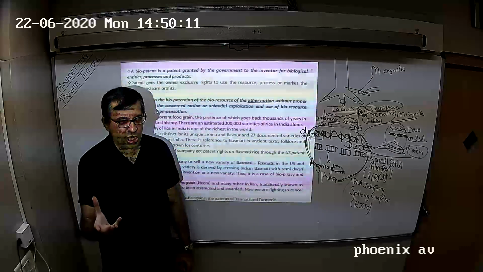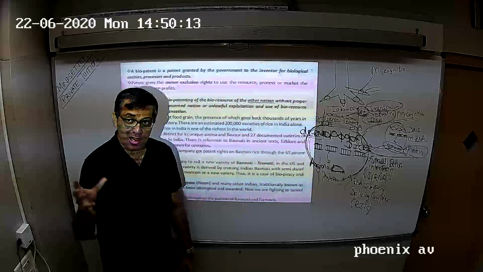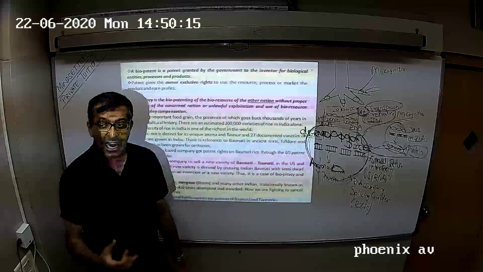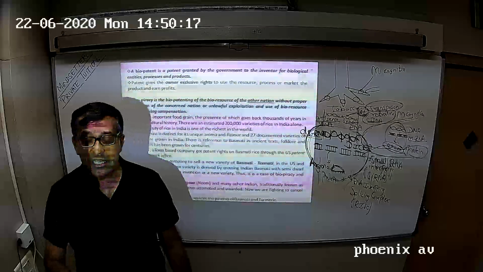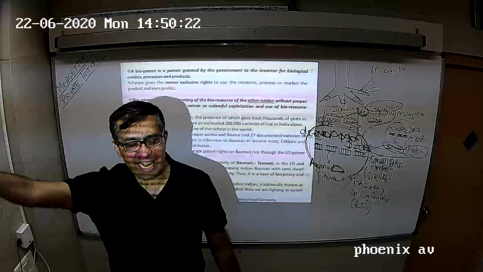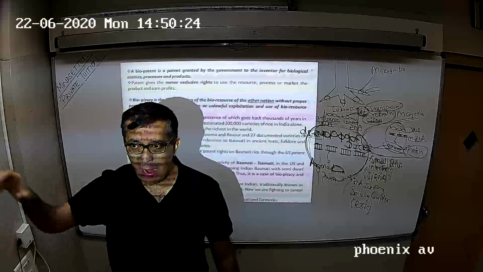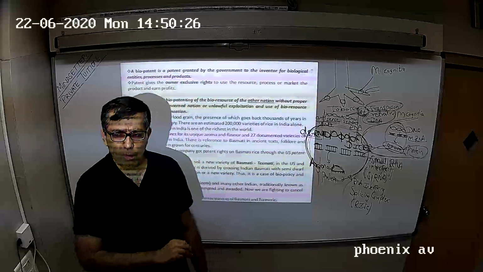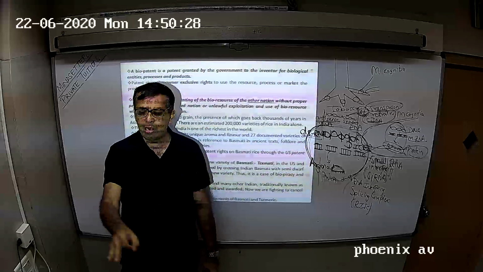Can you imagine the cheek of these people? They named the plant Basmati Texmati and got a biopatency of that. And they started selling this Basmati Texmati rice under their biopatency, and this was absolutely criminal.